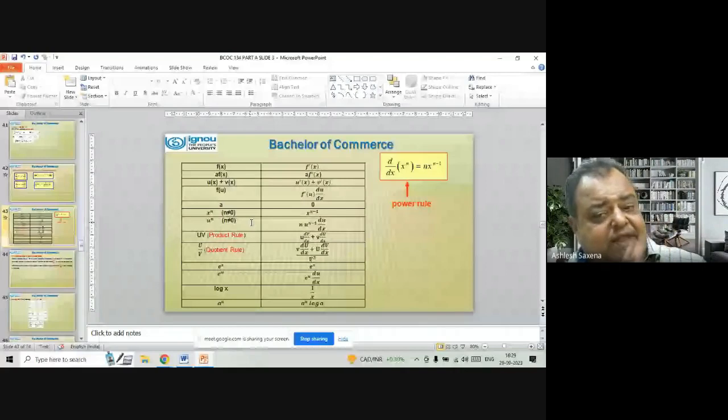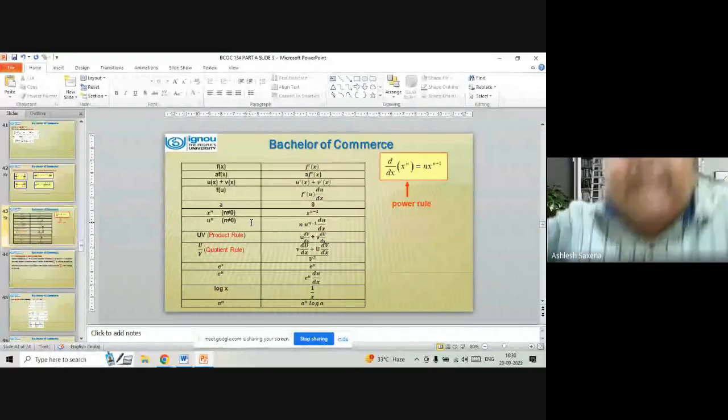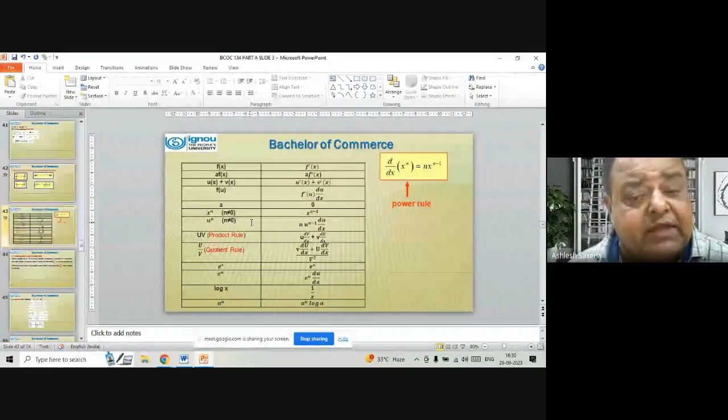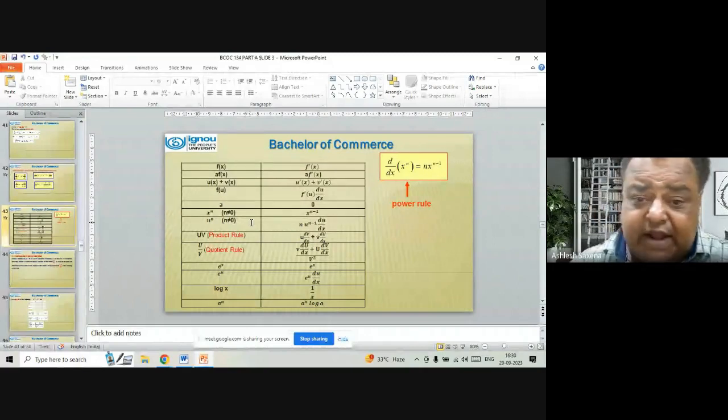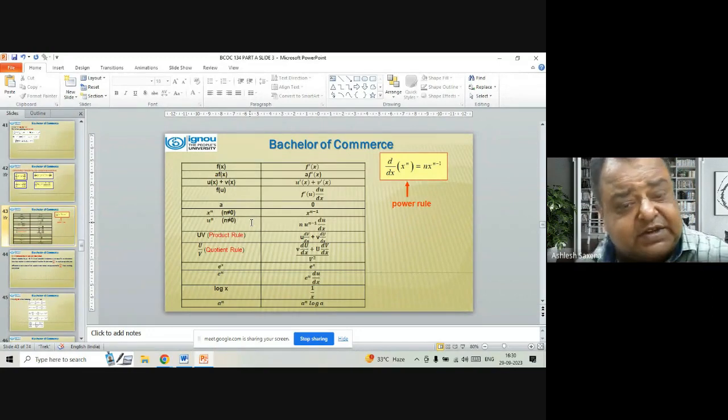The constant derivative is 0. x raised to the power n gives n x raised to the power n minus 1. If you have u raised to the power n, then n u raised to the power n minus 1 into du by dx. For the product rule, if there are two things, first function as it is, derivative of the second function, plus second function as it is, derivative of the first.